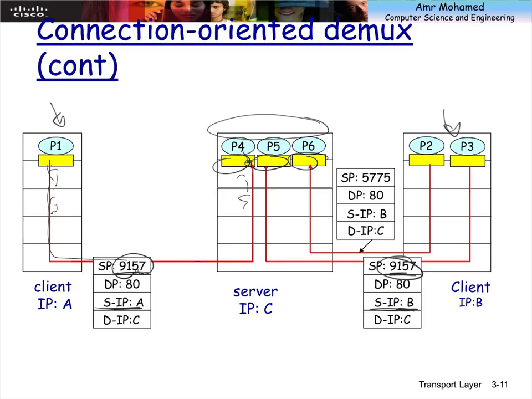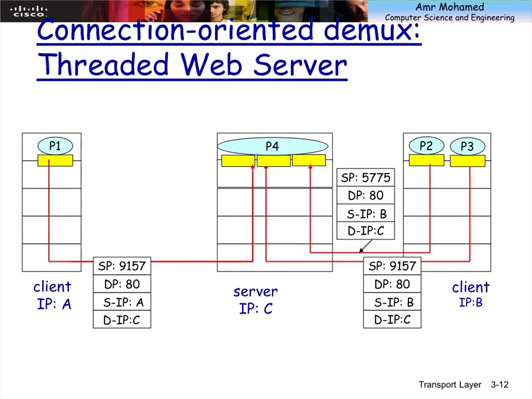It does not necessarily provide reliable data transfer until now, except if we support, within this logical connection, an extra thing: acknowledgement. So we need to send an acknowledgement for each segment we send from the source to the destination. That's an extra thing that we have to do. Clear? So that's the difference between connection-oriented and connectionless.